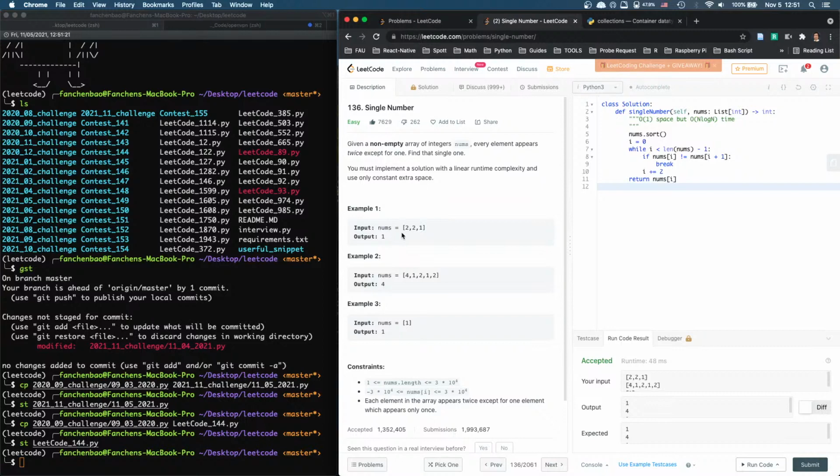If the sum is an odd number, then the single value must be, I mean, the single value must be odd.